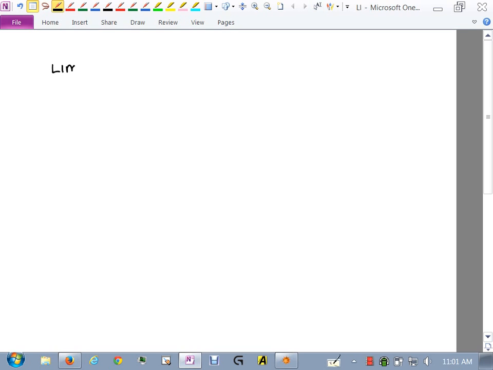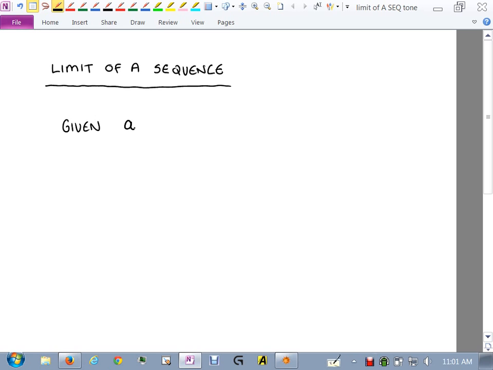All right, we're going to start today with the limit of a sequence. So let's say we're given some sequence, a sub n. Now there's different notations.